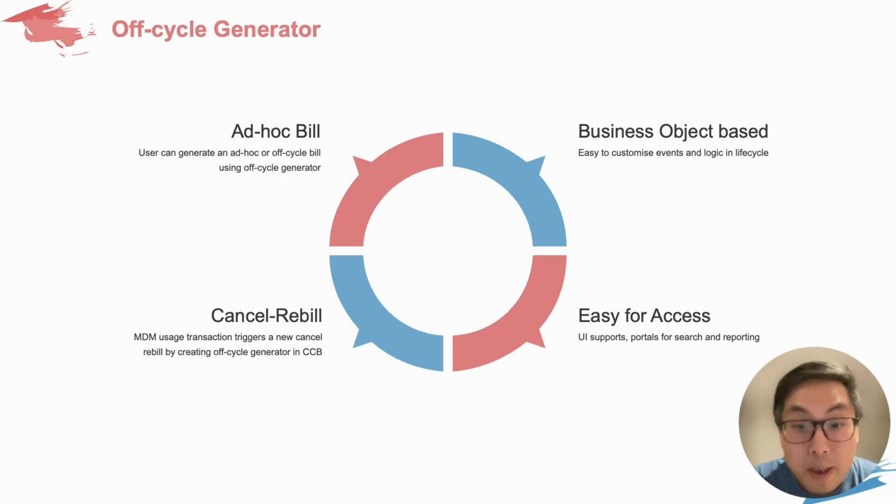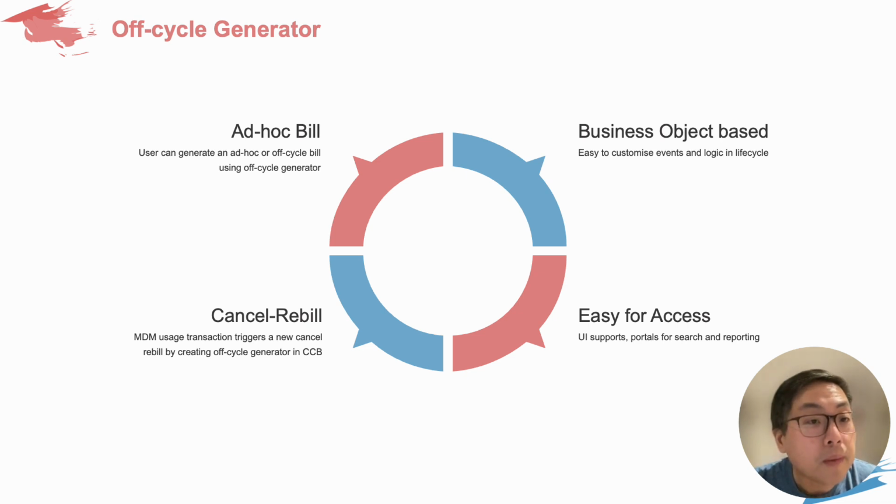I mean, you can generate a bill at will, but you can also generate a bill using off-cycle generator because it is based on a business object. And for a business object, you have a life cycle, so you can define the events and also logic happening at different events.